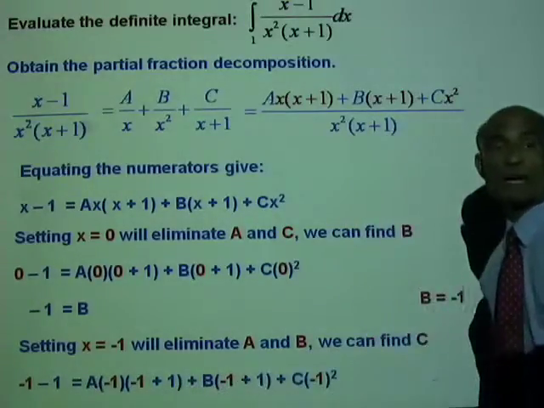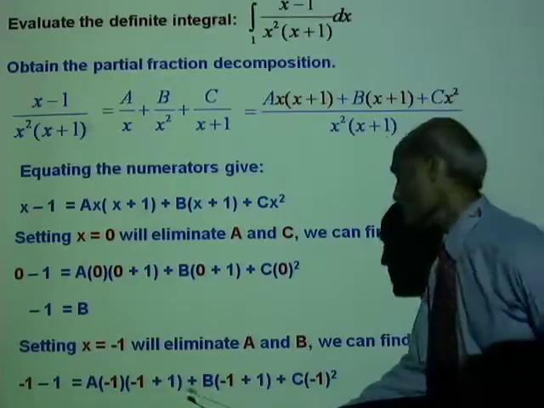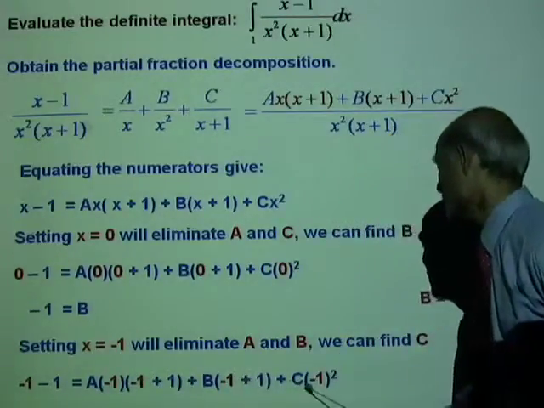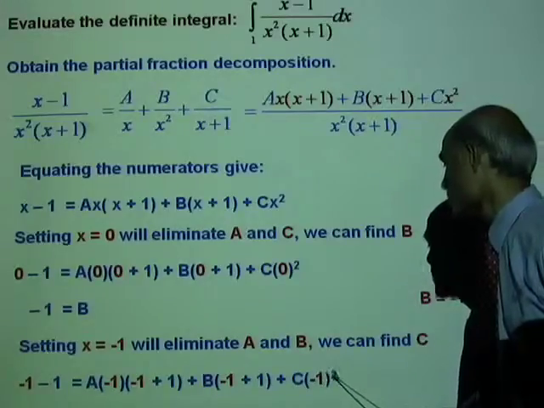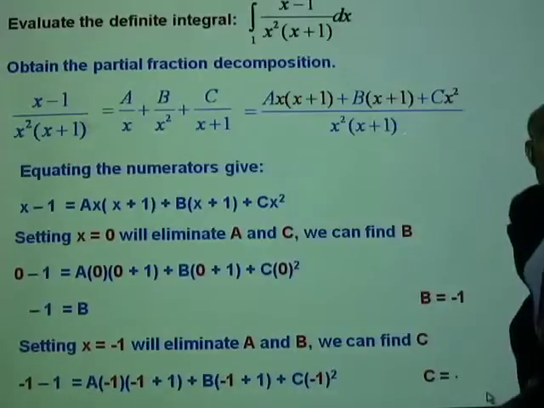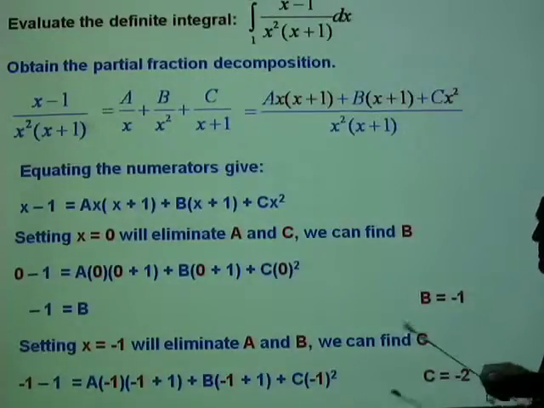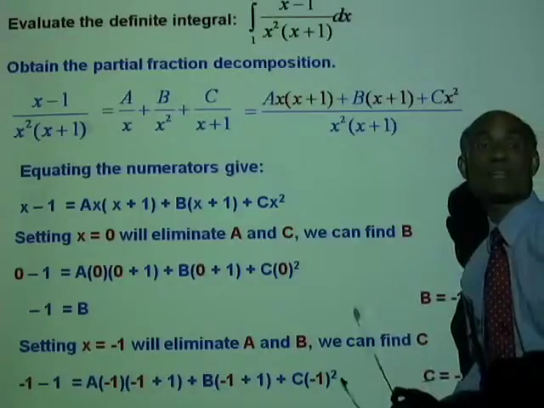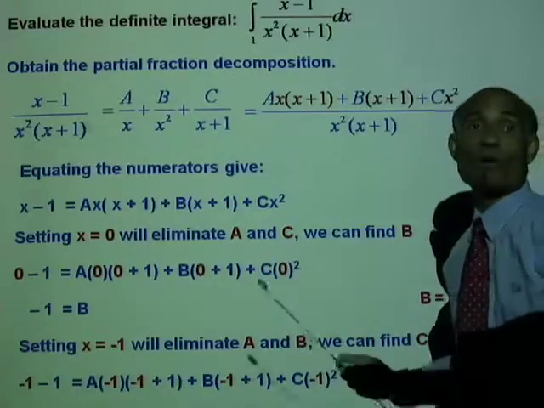Now solve that. What will you get? We have A eliminated, B eliminated. We will get -1 squared is 1, so 1C equal to -2, or C equal to -2. We got the values of B and C. We now need the value of A.